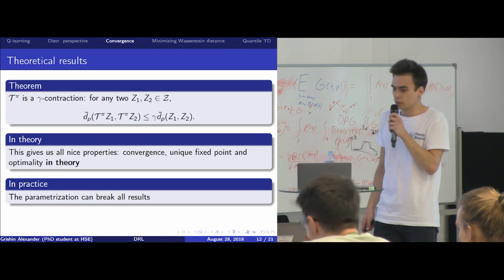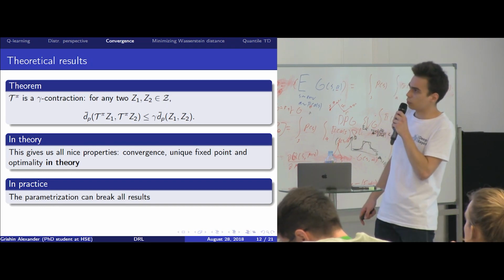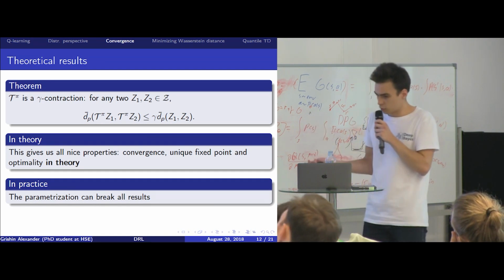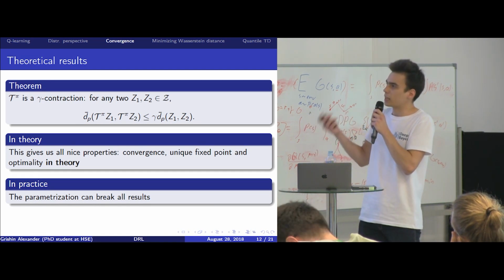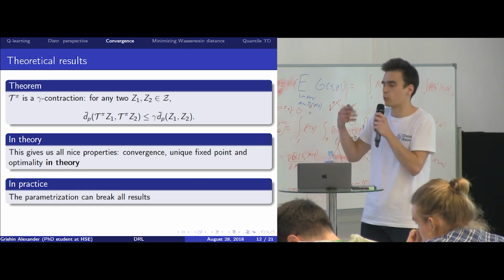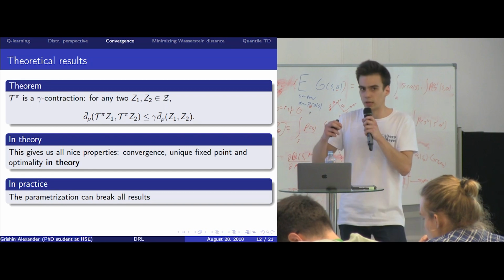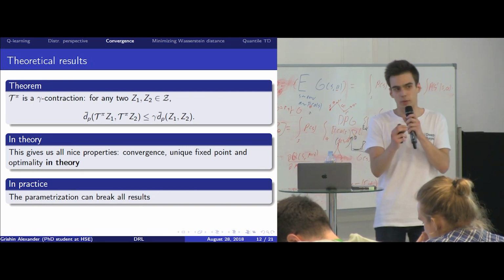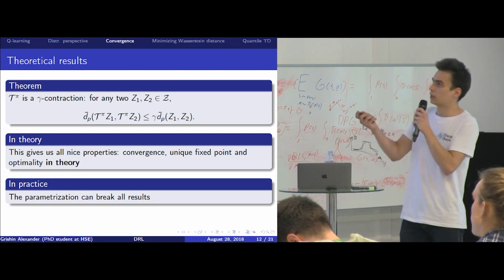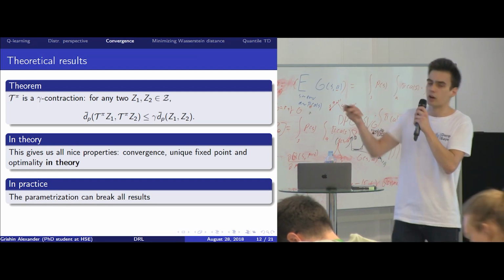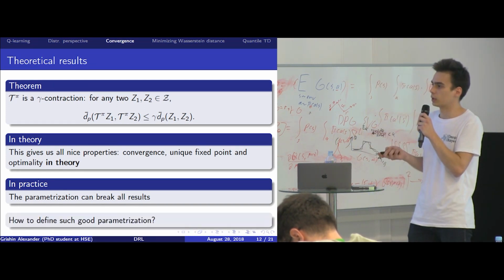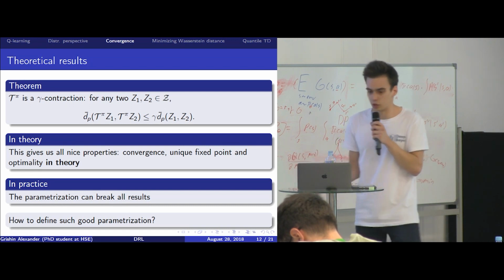To maintain all the nice properties which we want, we should construct the parameterization, the parametric family of distributions, in such a way that we maintain the gamma contraction. It's very important. So how to define such a good parameterization?